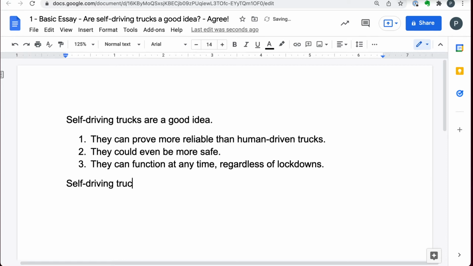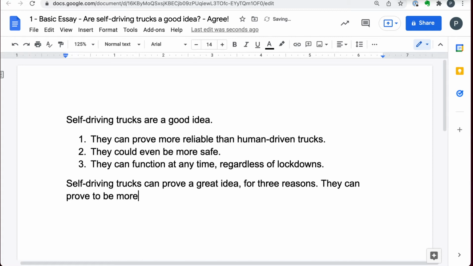Self-driving trucks can prove a great idea for 3 reasons. Okay, and I will say they can prove to be more reliable than traditional trucks. There we go.